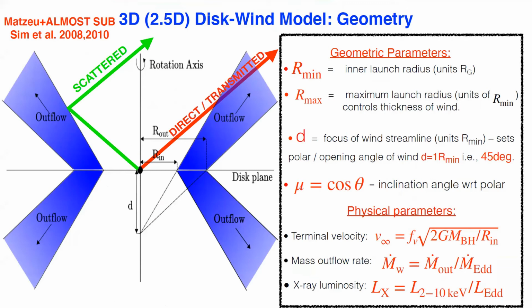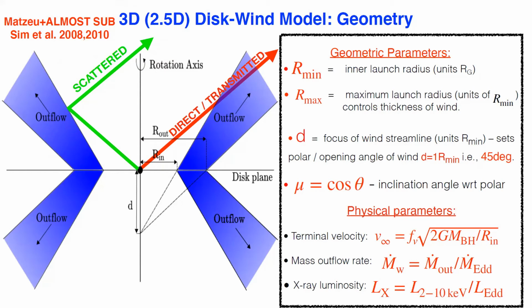I had this idea that the wind is ubiquitous, and the reason we sometimes don't see it is that it's out of the line of sight. Now that we can observe the scattered emission as well, this code was the perfect thing for us.